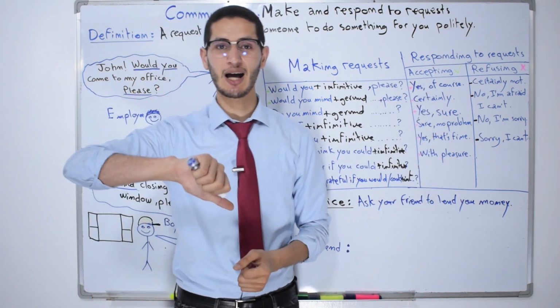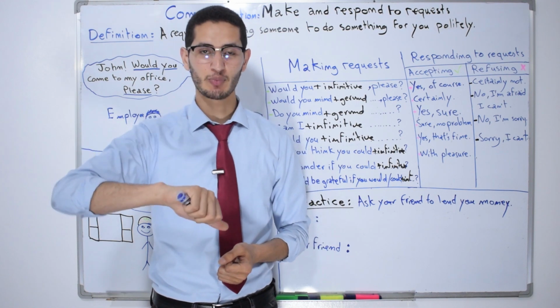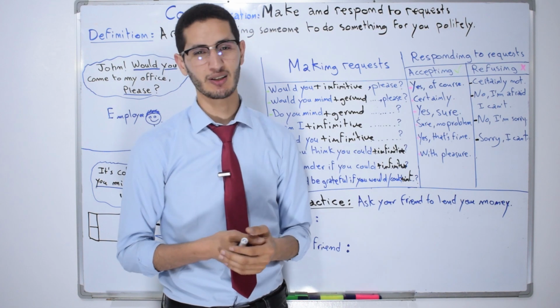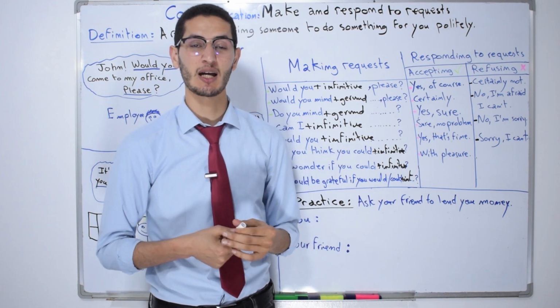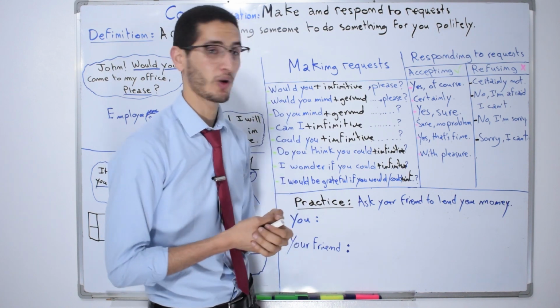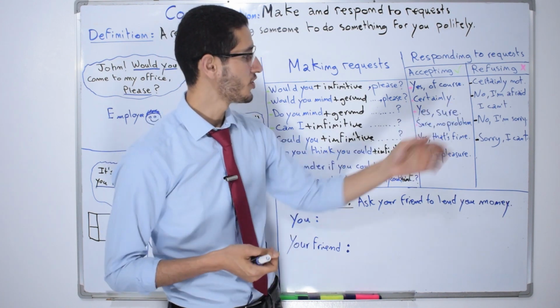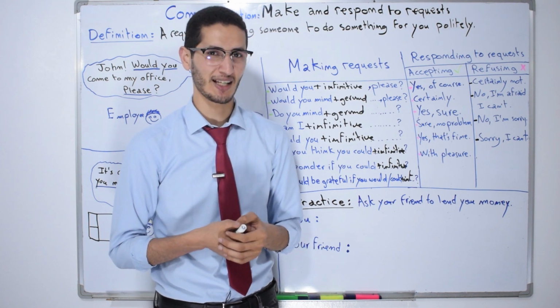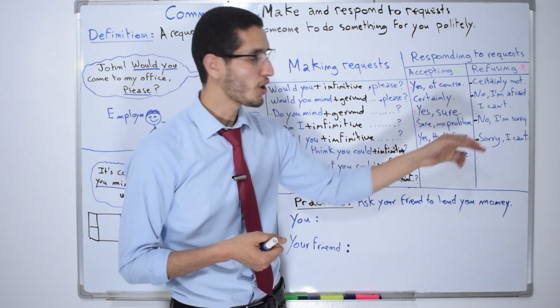Now, if you turn down or refuse the other person's request, you simply say, certainly not. I don't have time, or you justify it whatever way you have, or with whatever excuse you have. No, I'm afraid I can't. I can't help you with that. No, I'm sorry.